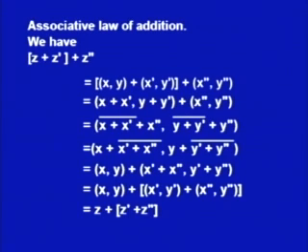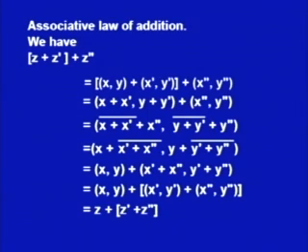This whole will be equal to the sum of the real and imaginary parts of the first two complex numbers, and then the third complex number (x'', y''). This whole will be equal to x + x' + x''.